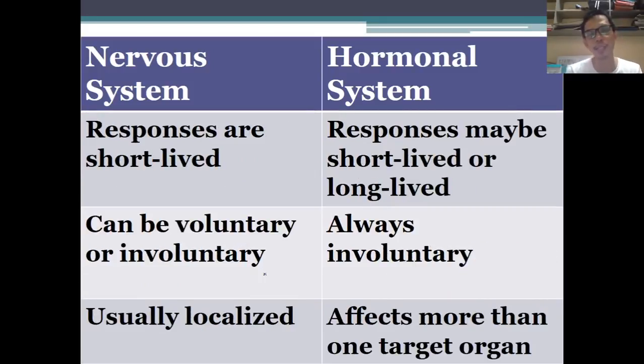Other differences: the response of your nervous system is short-lived, which means after the action potential has been delivered to the effector, it will gradually disappear. Meanwhile, in the hormonal system, the responses can be short-lived or long-lived, depending on the situation the hormonal system is used for.